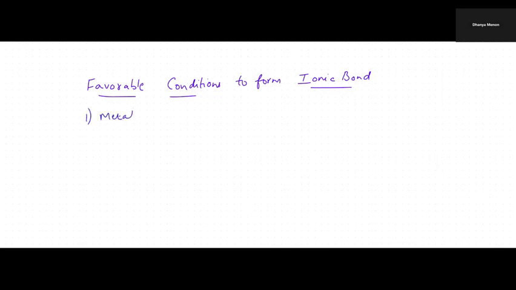Now, the first one we talk about is metal. The metal in the gaseous form is losing an electron to form a metal ion. The amount of energy needed to remove the electron from the gaseous metal atom to form a metal ion is called the ionization energy.